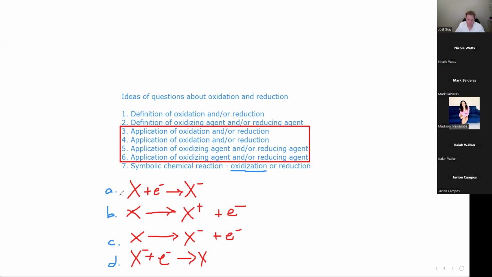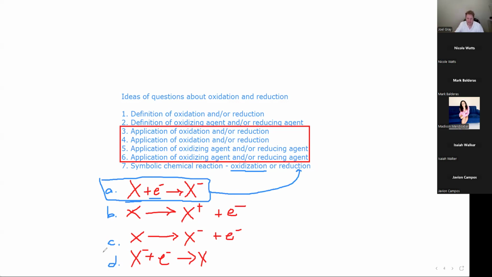Let's look at answer option A. A shows a substance, X, plus an electron. That's gaining an electron. So this shows X gaining a negative charge. That is an example of reduction because X gained an electron, since we read from left to right.